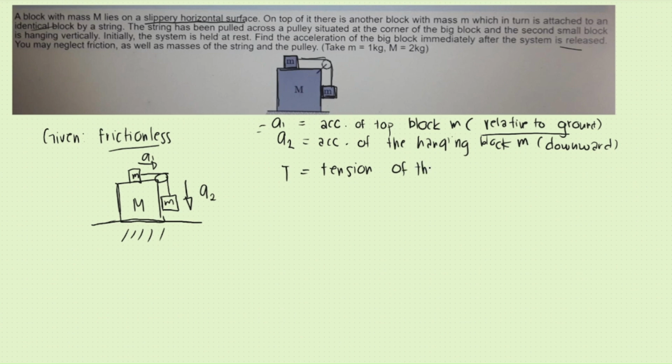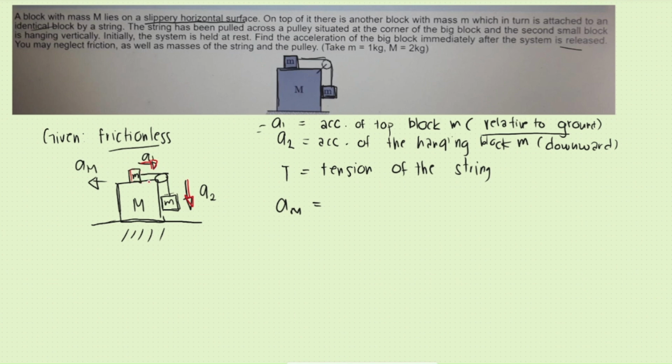We also consider the acceleration of the big block, which we'll call AM. If the hanging block accelerates downward, the top block will also move to the right.